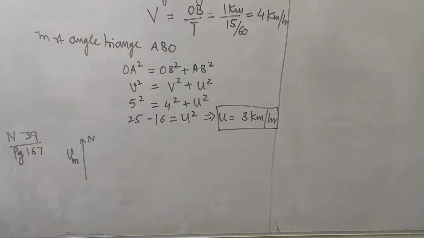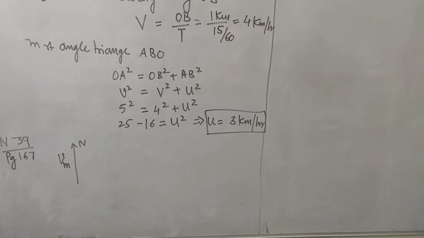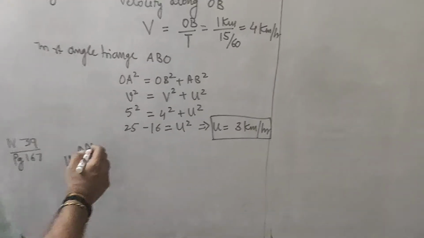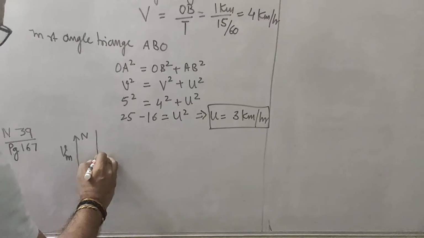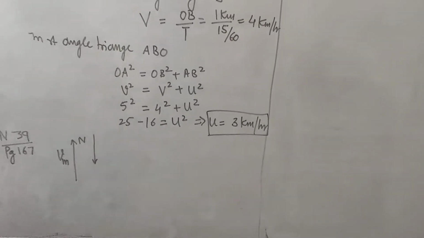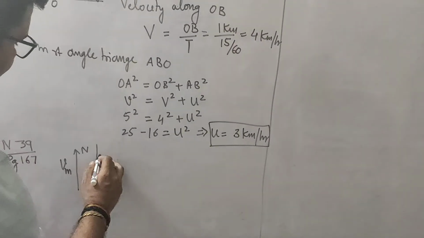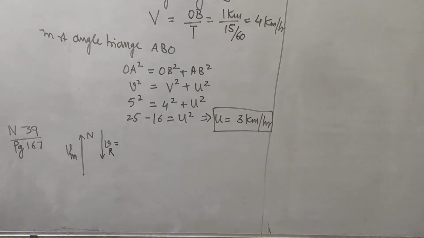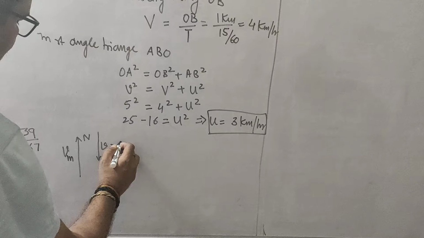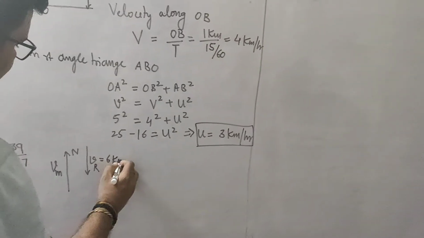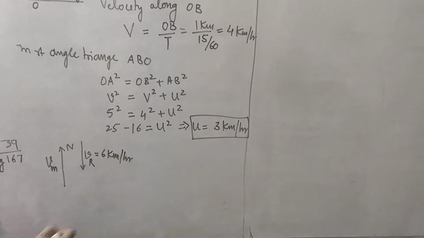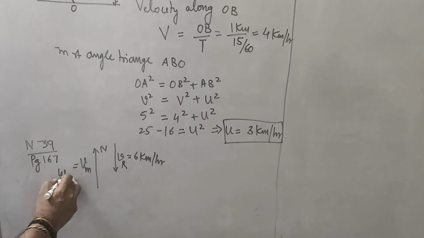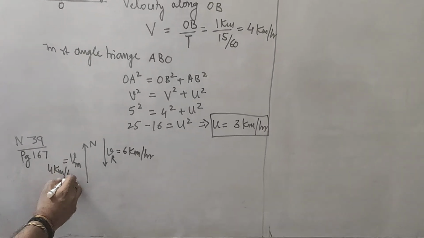The rain is falling at a speed of 6 km per hour in the vertical downward direction. This is the velocity of rain, which is 6 km per hour, and this is 4 km per hour.